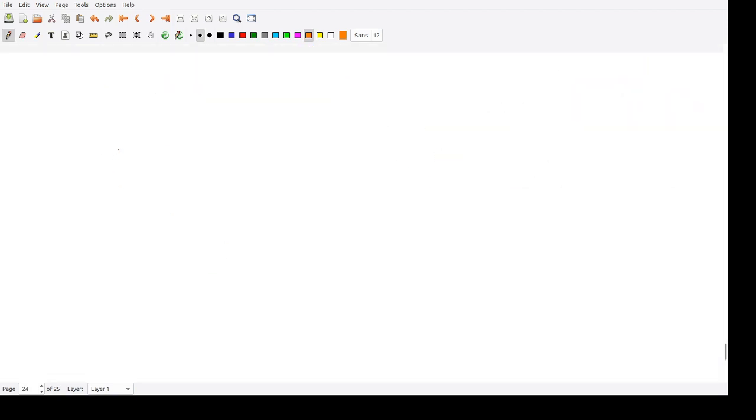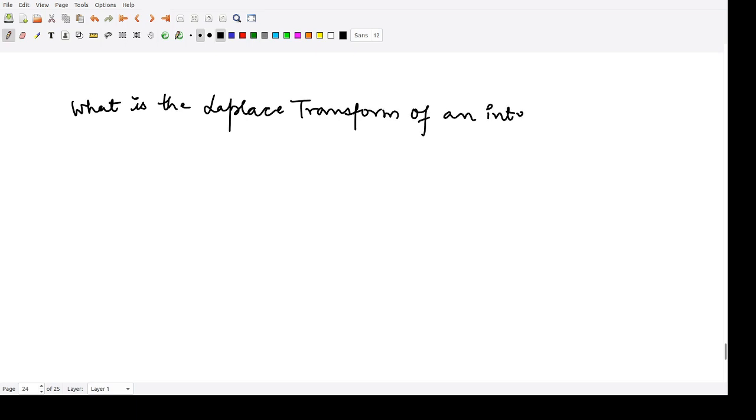So next we discuss what is the Laplace transform of an integral. That means we are seeking the Laplace transform of the integration of some function f of t from the limit 0 to t.